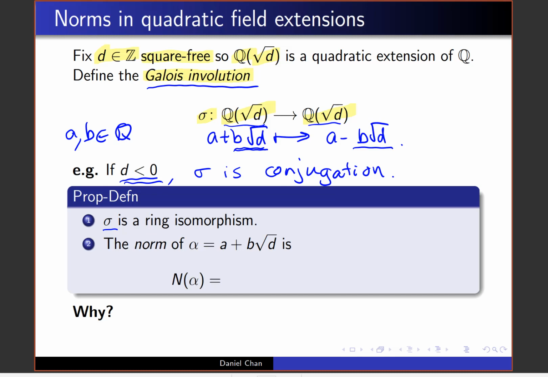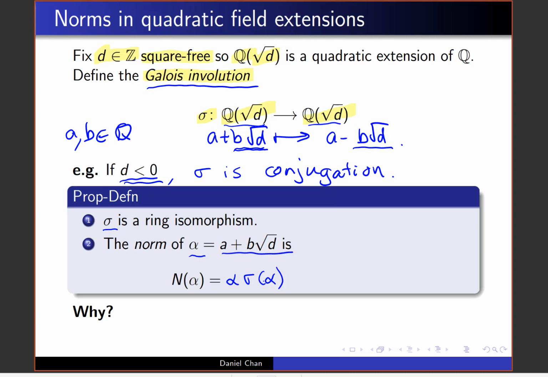And now we come to the definition part of this proposition. That's the norm of alpha, an element inside Q adjoin root d. How is that defined? You can define it lots of different ways, but the way I'll define it is as follows. It's just alpha times sigma of alpha. Okay, so it's this product here.